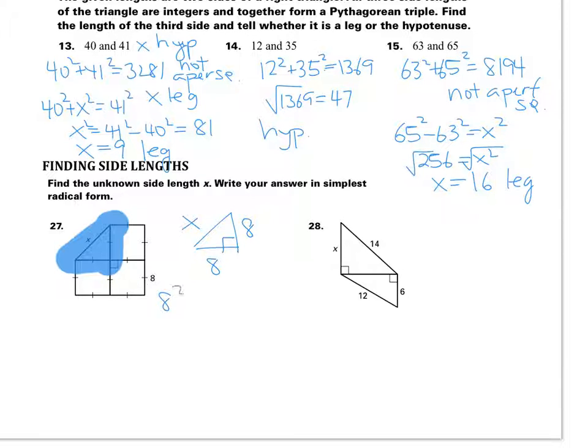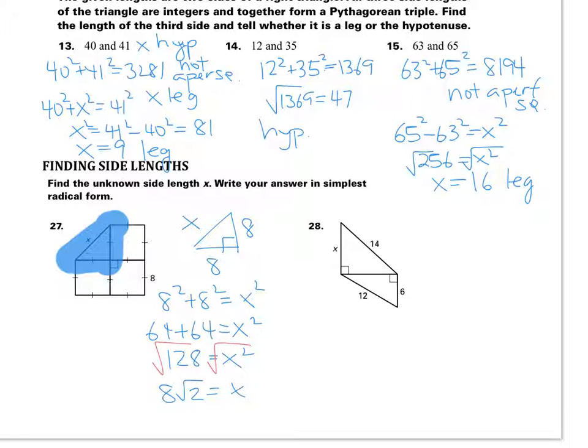So we have 8 squared, and again, it has to be in simplest radical form. So this would be 8 root 2. And again, the yellow calculators will do that.